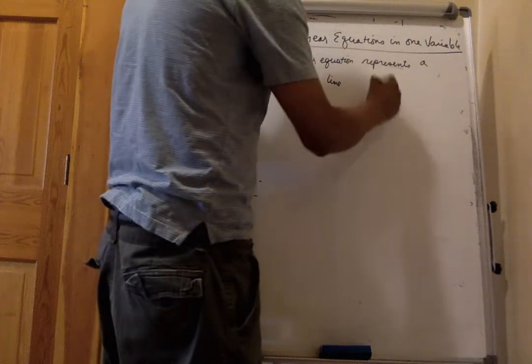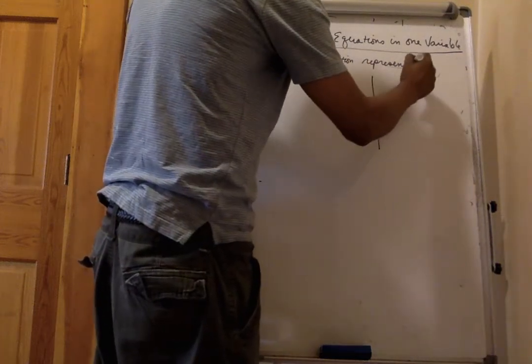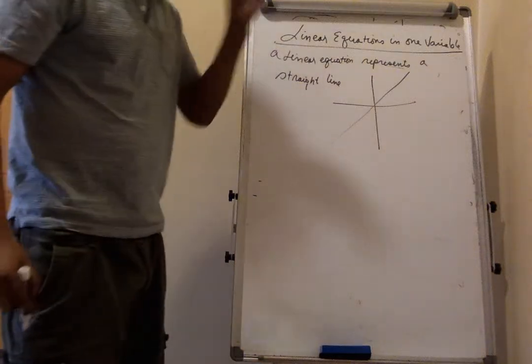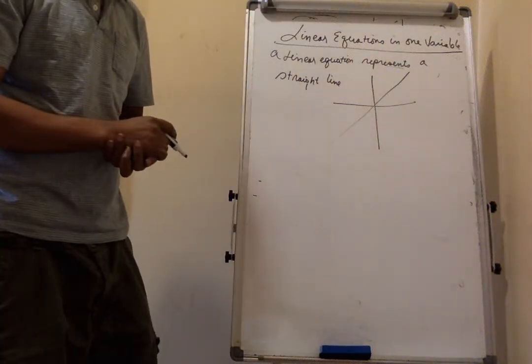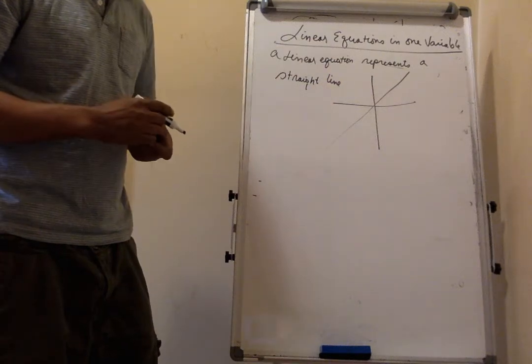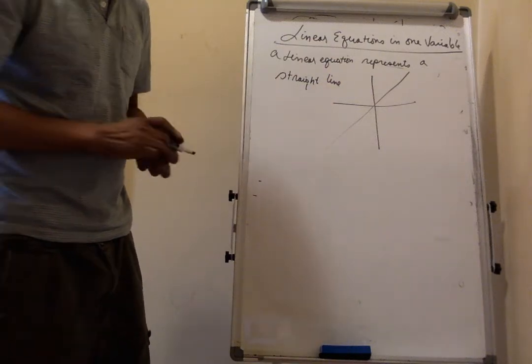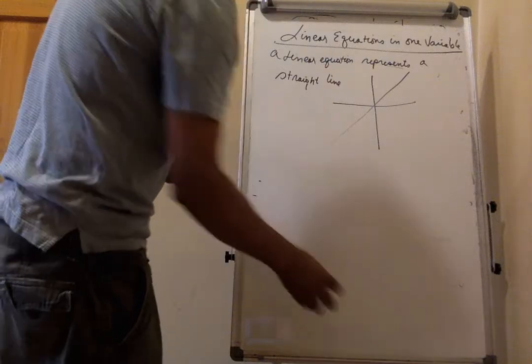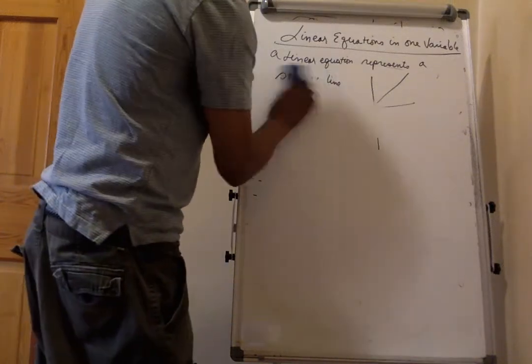So if you see a graph that looks like a straight line, it never bends, it describes the equation to be linear. So that's basically what it means by linear equation.